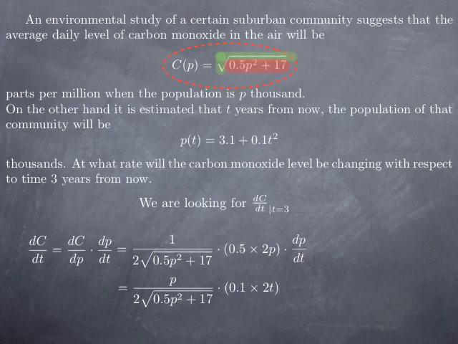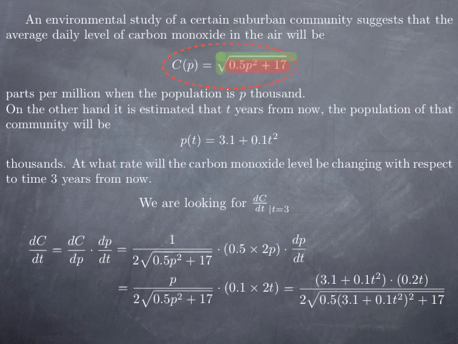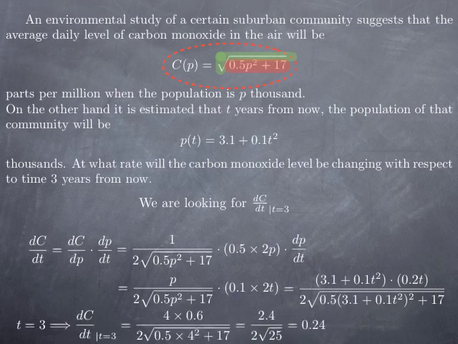Replacing p by its value in terms of time, we obtain the derivative of c with respect to time as a function of time. And now we only need to plug t equals 3 in this function. After simplification, we obtain 0.24. And this is in parts per million.